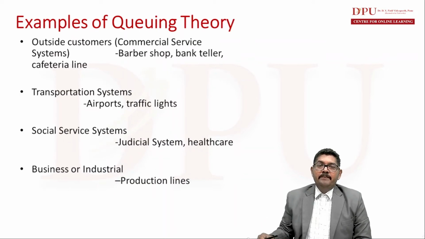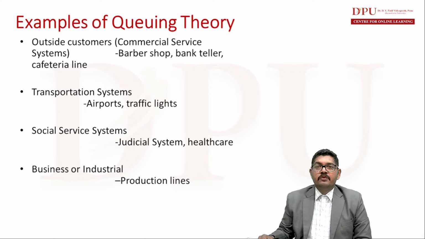Examples of queuing theory. So outside customers: commercial service systems like a barber shop, bank teller, cafeteria. These are some examples of outside customer service centers or queuing systems. There are transportation systems. Often we have to wait in a queue to get a ticket, right?